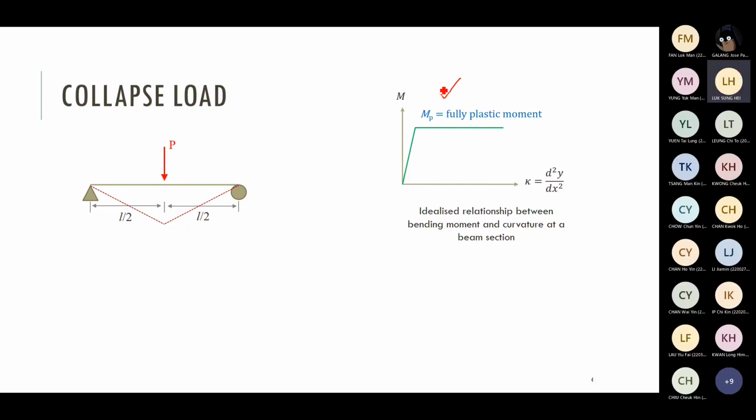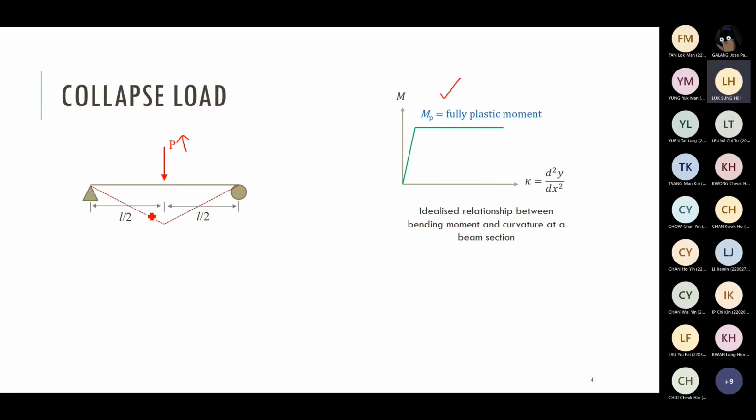Well, at the beginning, I would like to use the lower bound theorem. The lower bound theorem tells us one thing. When the loading increases from 0, assume P is a relatively small one at the beginning, maybe 0. When P increases gradually, bending moment will start to develop along the whole beam.